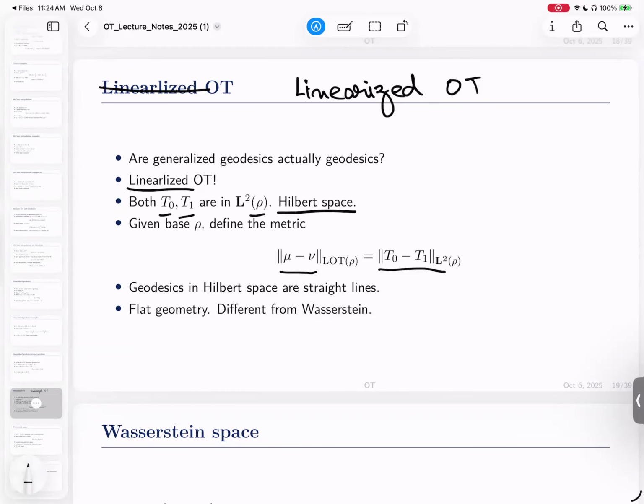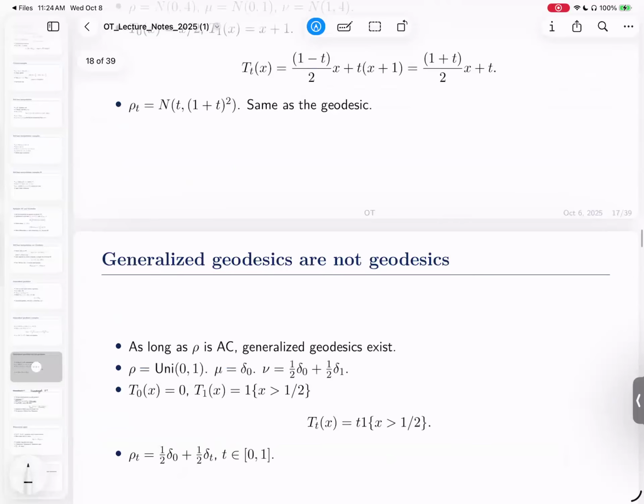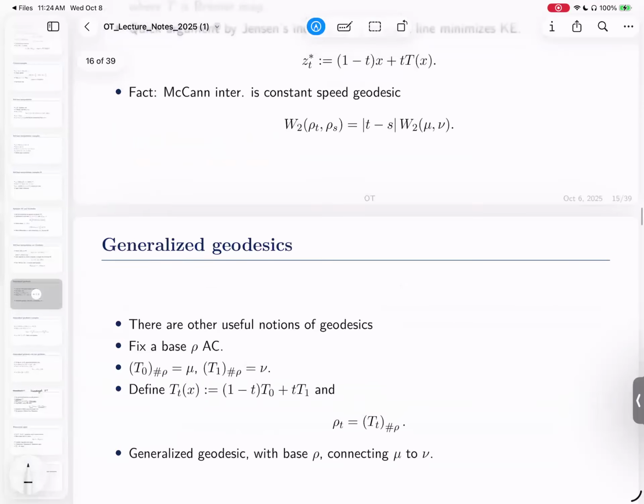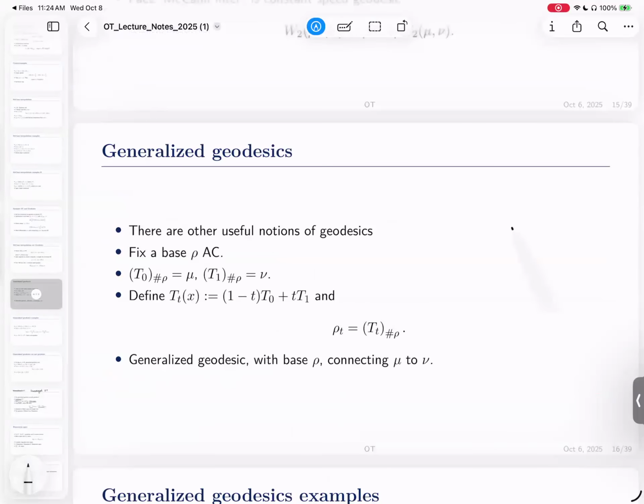Is this clear? Let's go back to this setup here. Here is my rho, which is my base. I have my mu, I have my nu, and rho is pushed forward to mu by my Brenier map T0. Rho is pushed forward to nu by my Brenier map T1. And then I join mu and nu by my generalized geodesic.